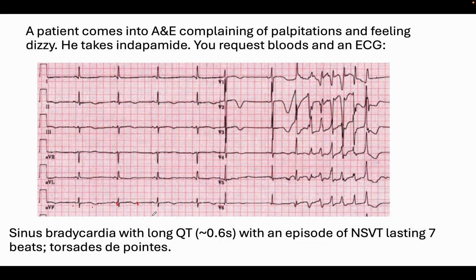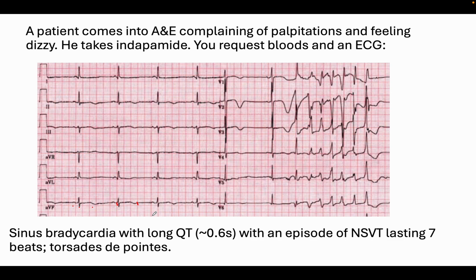So we mentioned earlier that having a long QT interval is a risk factor for having a torsades de pointes episode. And basically, there's certain cutoffs for QT intervals for both men and women. For men, it's anything greater than 440 milliseconds, which would be classified as long QT.